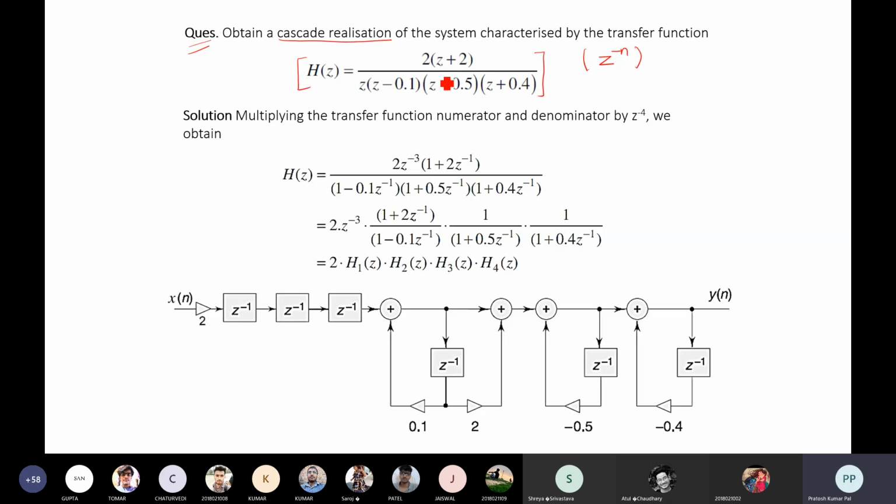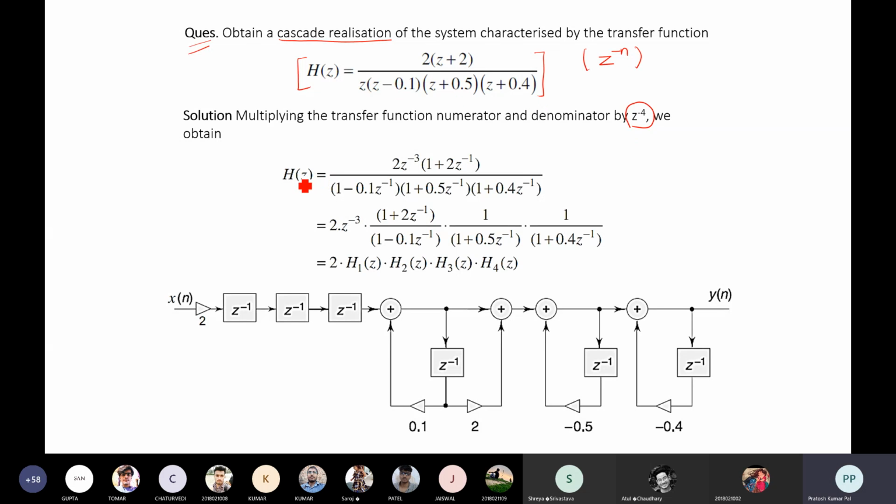So first we see the highest power of z: counting the z terms, if we expand this, it will be z to the power 4. So we have to write all the z terms in negative form, and we multiply by z to the power minus 4 on the numerator and denominator.